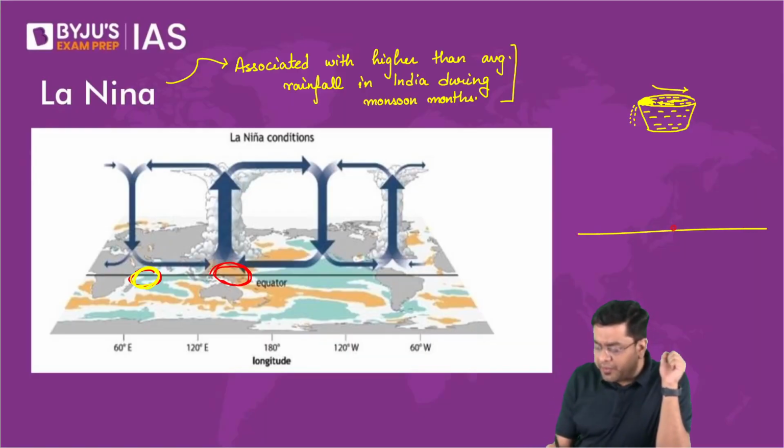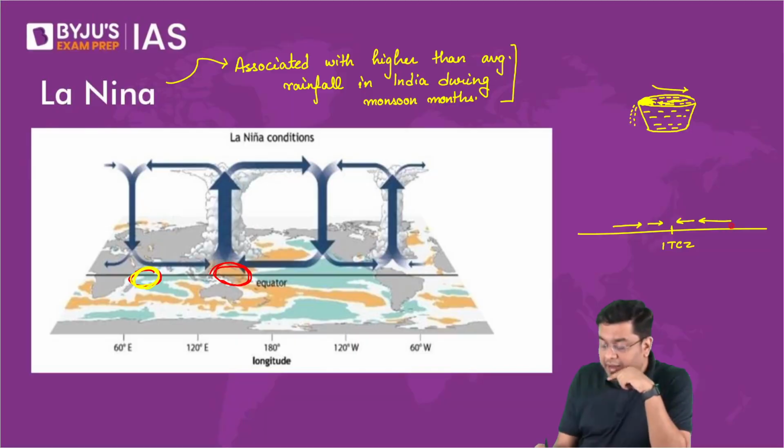Now, trade winds, if I consider this as ITCZ, they originate and move to the ITCZ from which area? Listen to this portion carefully. The trade winds originate from which region? Which pressure zone? The subtropical high pressure belt, isn't it?